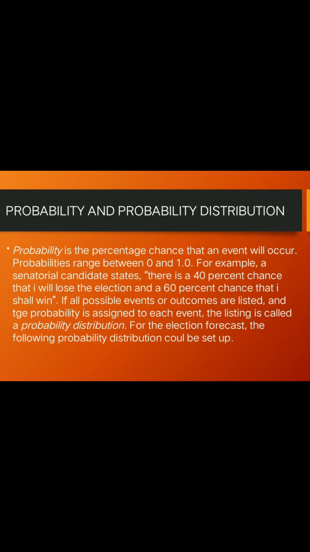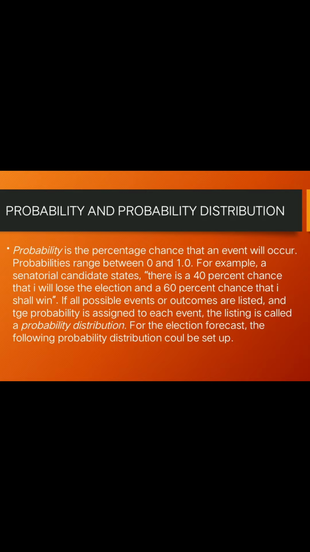The topic I will discuss now is probability and probability distribution. Probability is the percentage chance that an event will occur. Probabilities range between 0 and 1.0. For example, a senatorial candidate states, there is a 40% chance that I will lose the election and a 60% chance that I shall win.